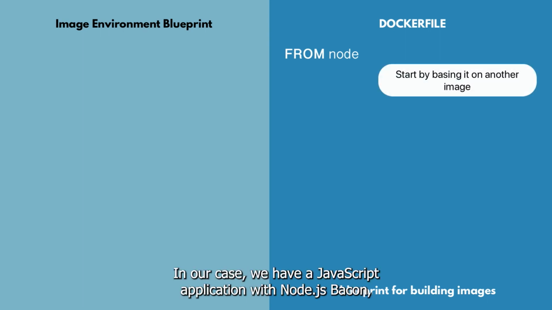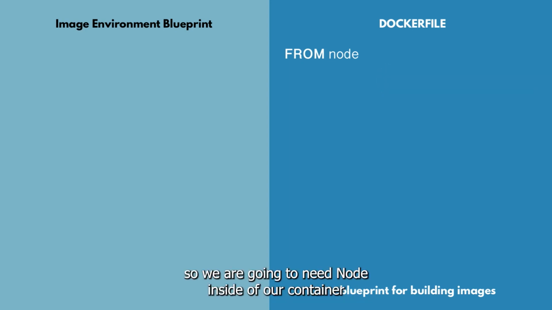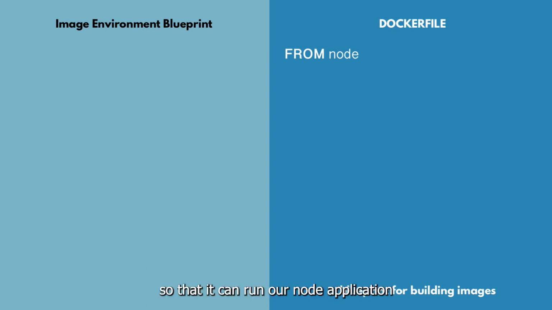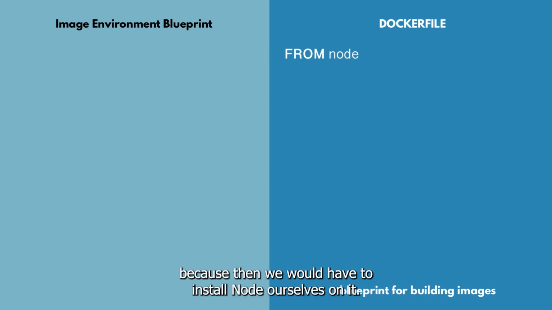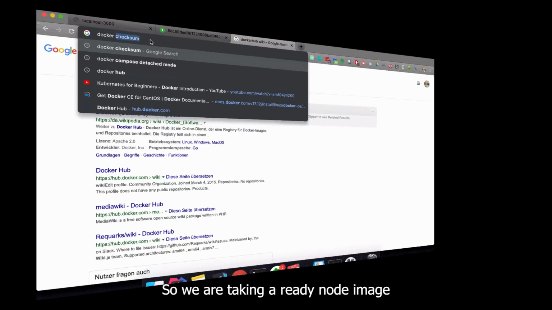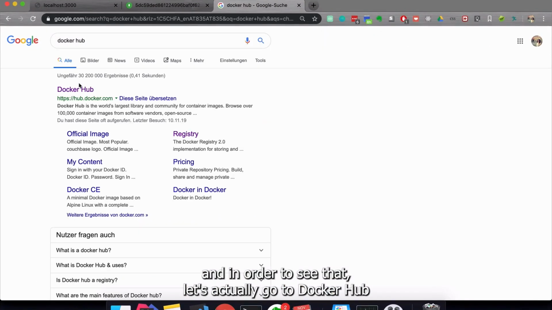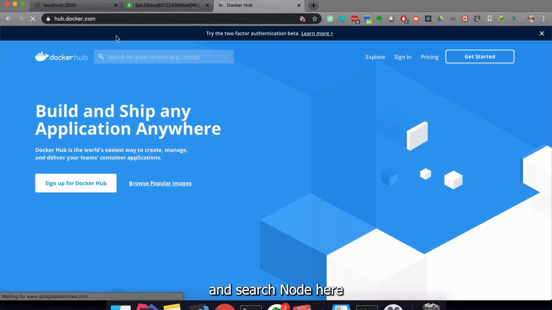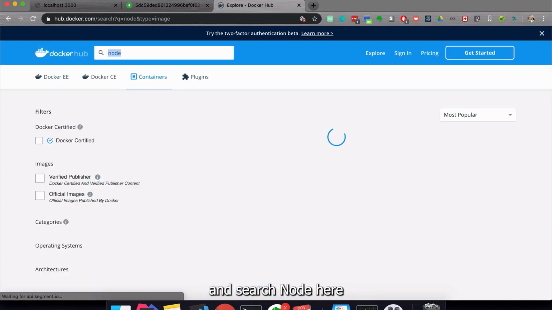In our case, we have a JavaScript application with Node.js backend, so we are gonna need Node inside of our container so that it can run our Node application, instead of basing it on a Linux Alpine or some other lower level image, because then we would have to install Node ourselves on it. So we are taking a ready Node image. And in order to see that, let's actually go to Docker Hub and search Node here.